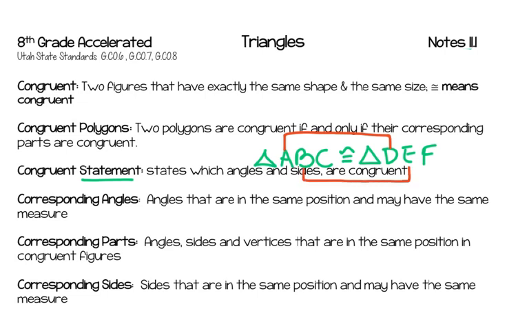Angle B would be corresponding with angle E, they would have the same measures, and so on. It also tells us that side AB and side DE match, they're corresponding, and they would have the same length. Same thing with side BC and EF, they would be the same length, the same size, and so they're going to be corresponding.